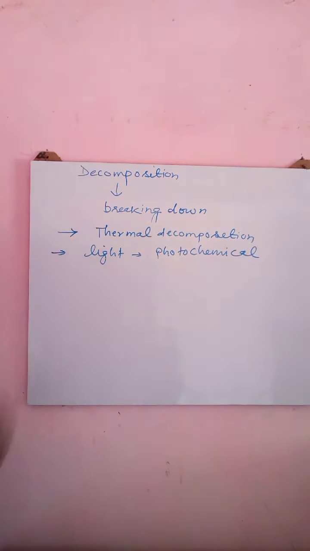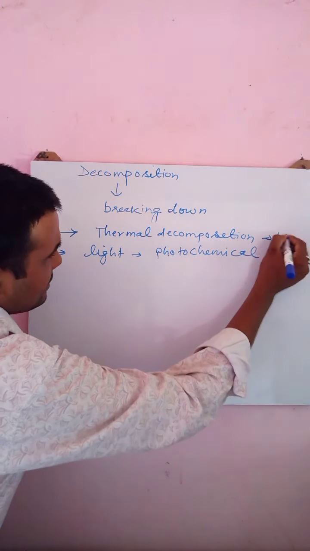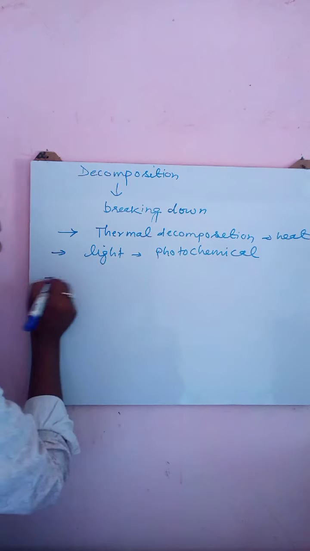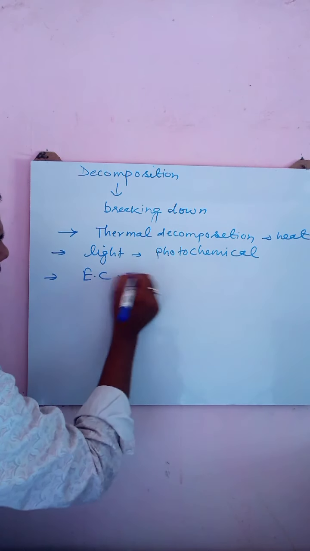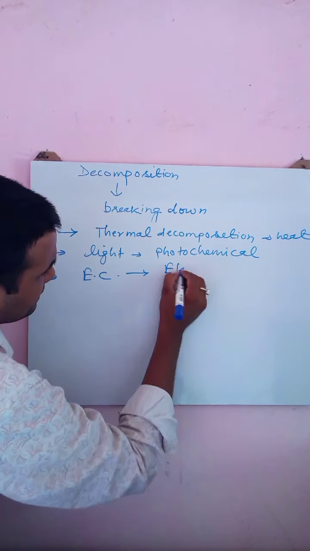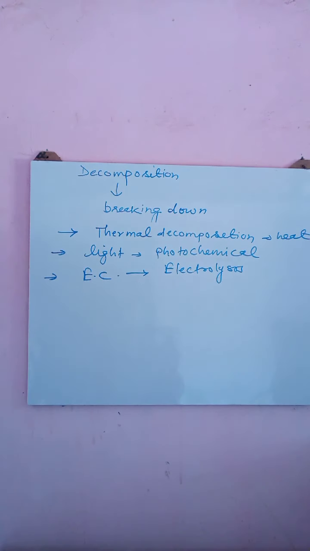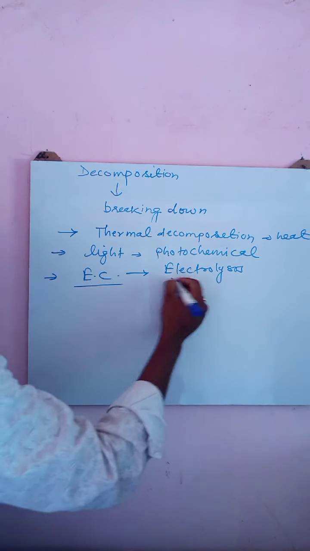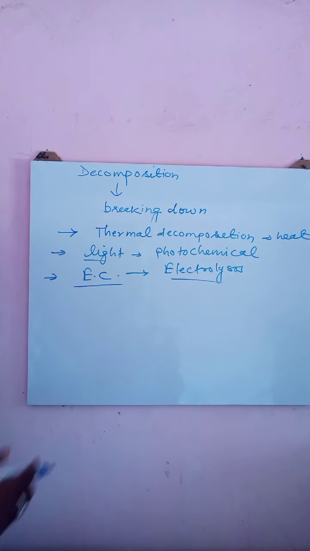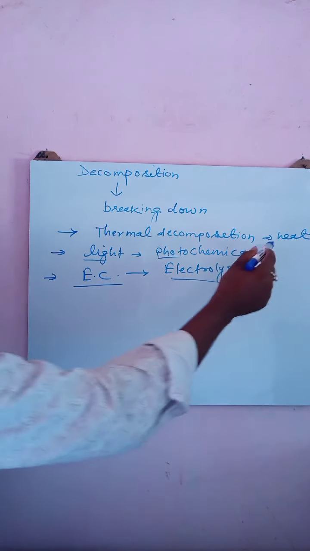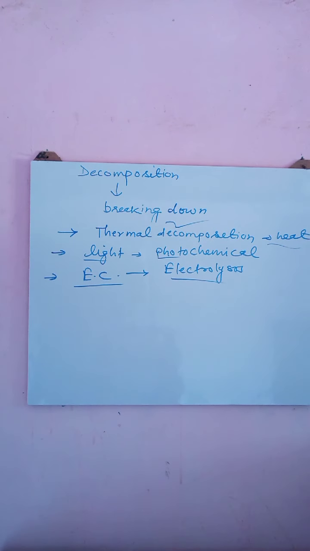When the source of energy is electrical current, the chemical reaction is known as electrolysis. So decomposition may be in the presence of light energy, heat energy or electrical energy. When electrical energy is used, it is known as electrolysis. When light energy is used, it is called photochemical reaction. When heat energy is used, the reaction is known as thermal decomposition reaction.